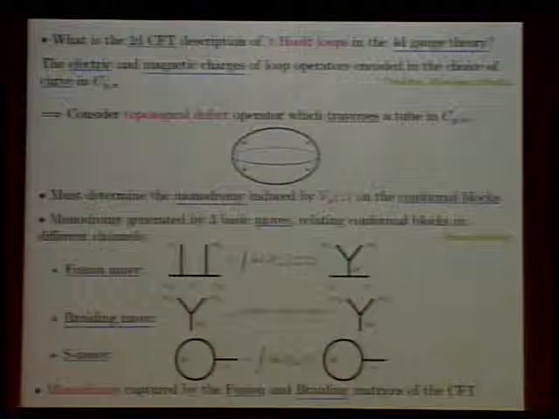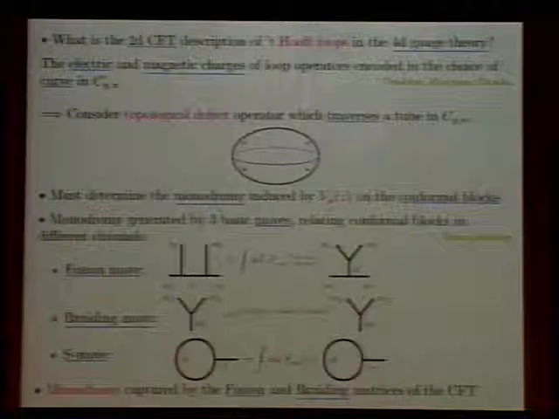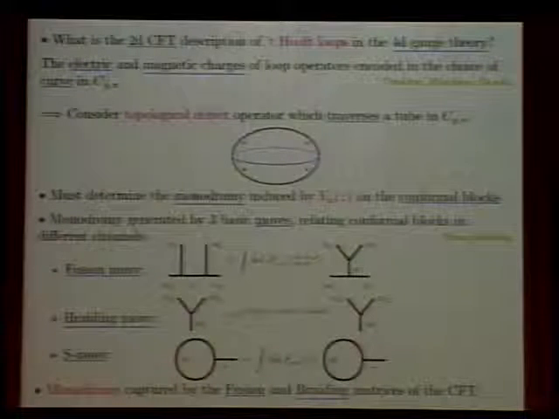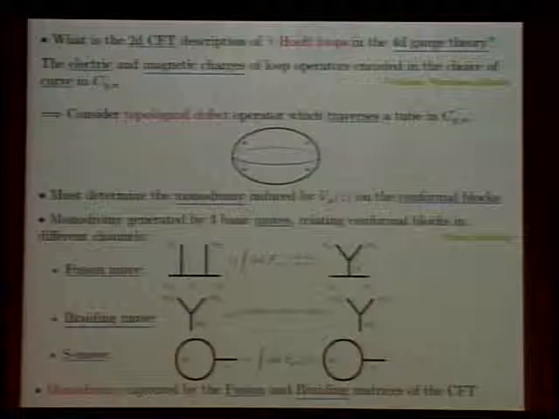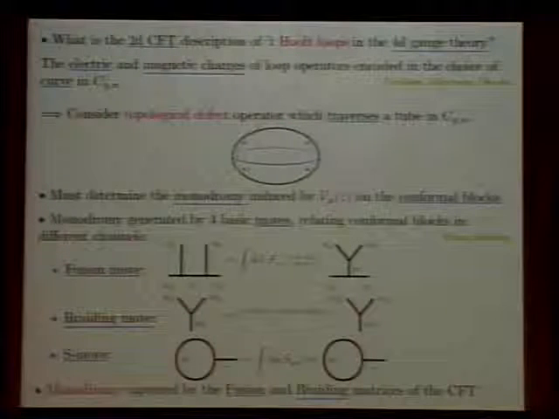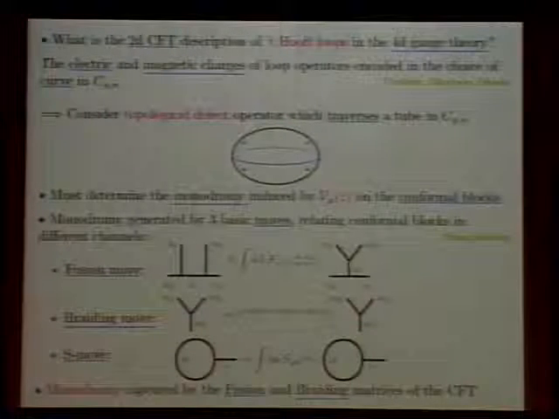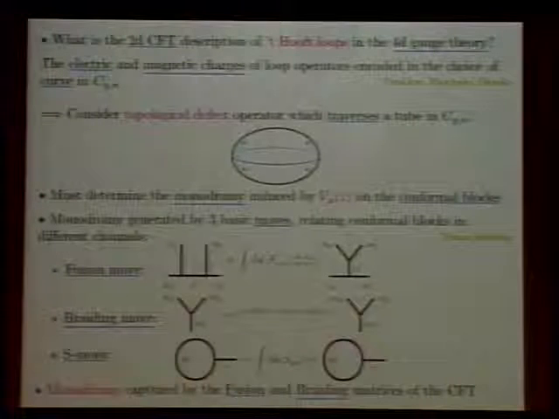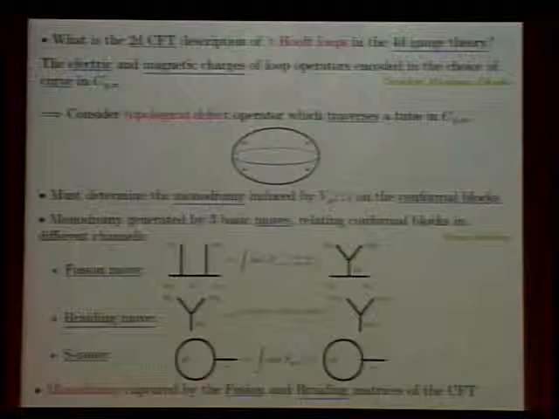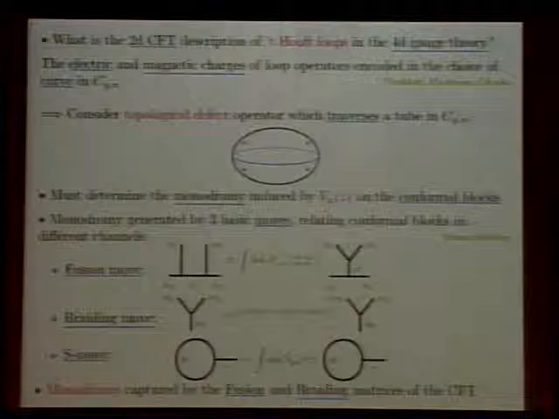Luckily, there is a very beautiful and powerful technology to compute this, because monodromies of conformal blocks can be computed by just concatenating basic generators of monodromies that relate essentially the analytic continuation of conformal blocks in different channels.